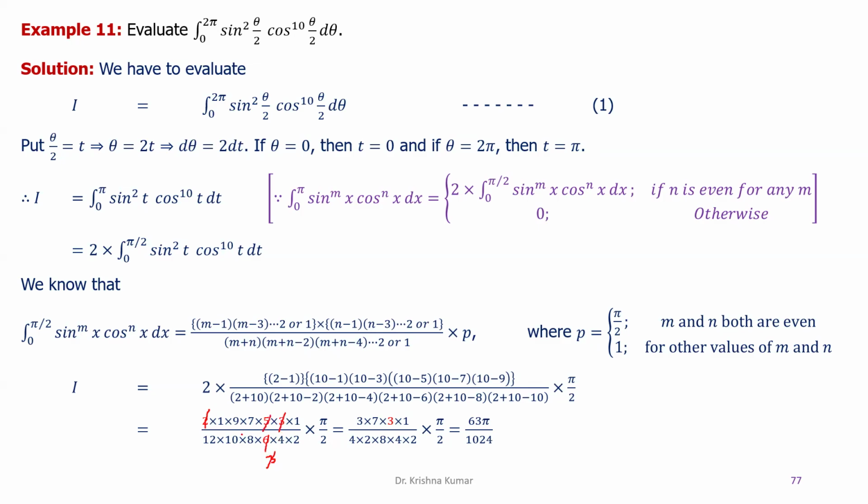So 3 into 7 is equal to 21, not 63. The answer was not correct over here. And the remaining in the denominator is 4 into 2 into 8 into 4 into 2, multiplied by 2. It is 1024.